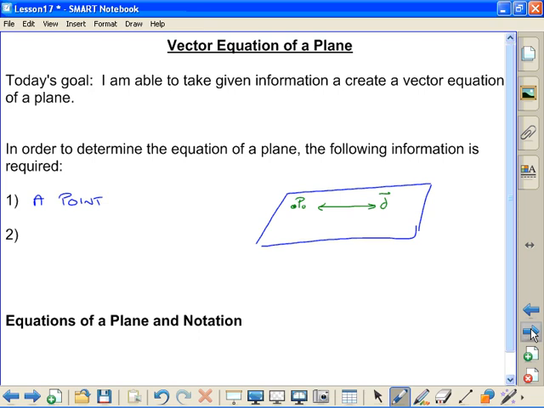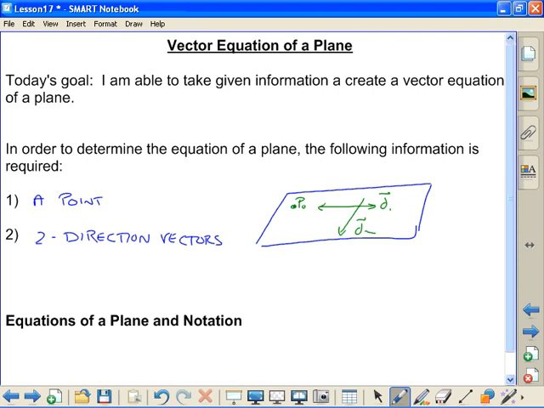So we need a vector that will take us off this line and veer off in another direction. In order to do that, we provide ourselves with a second direction vector. So now we need a point and 2 direction vectors instead of 1. That is the only difference between the two.